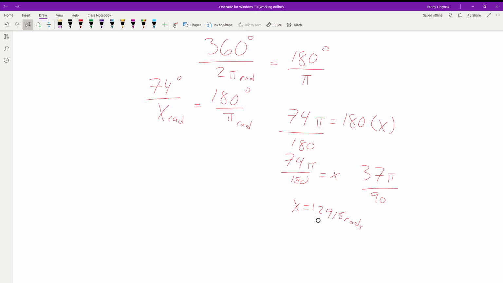Okay. So what if I wanted to go from 2.5 radians, and I want to convert that into some number of degrees?